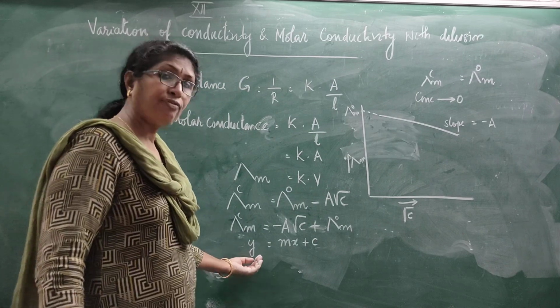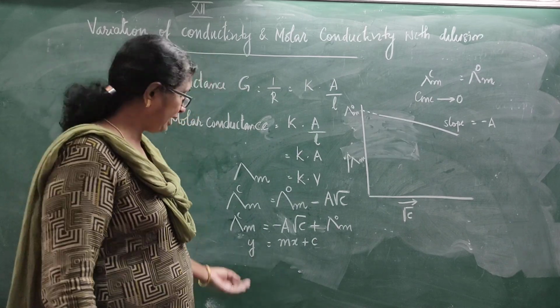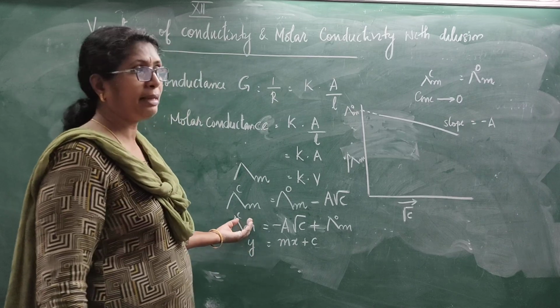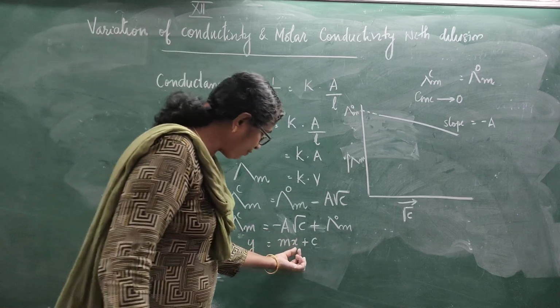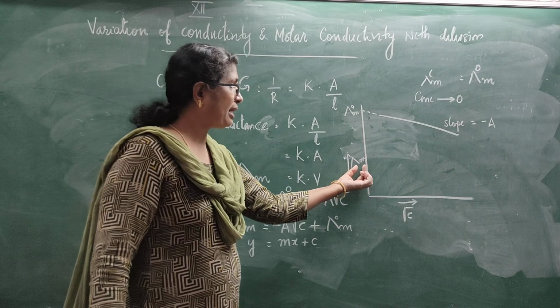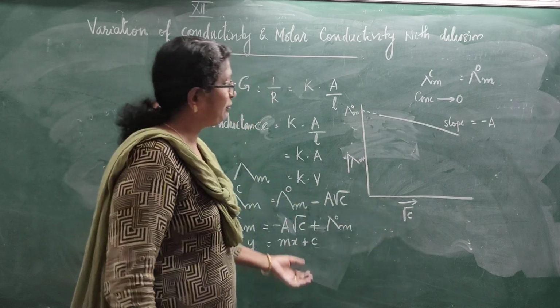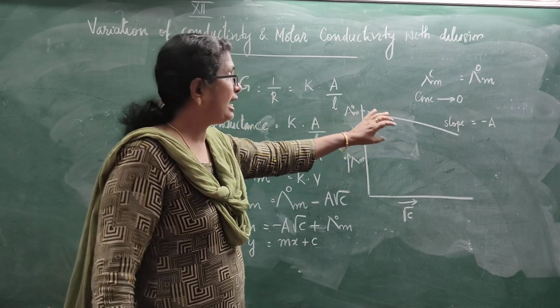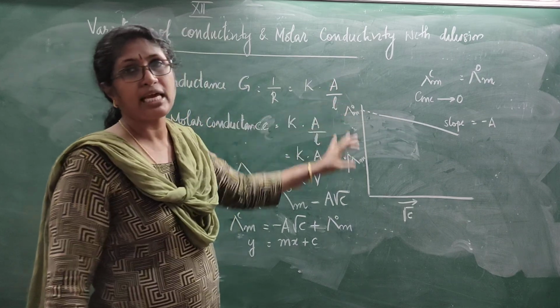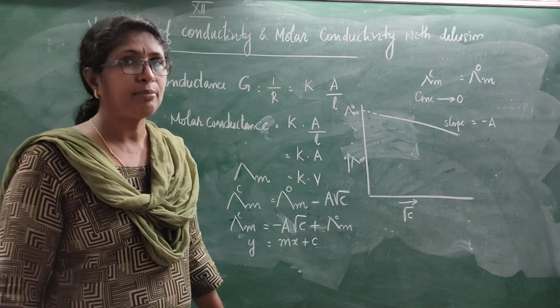This is in the form y equals mx plus c. In the place of y we have lambda m at any concentration, and in the place of x we have root c. So lambda m is plotted against root c, you will get a graph like this, and if you extrapolate it to the y-axis, you will get the limiting molar conductivity.